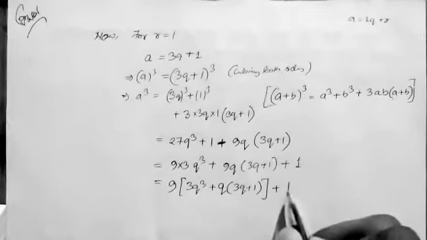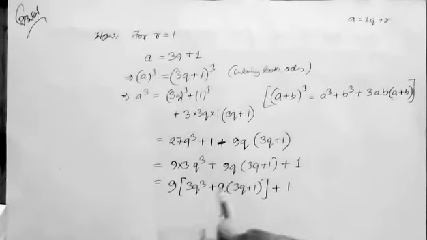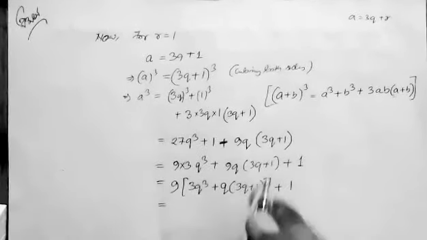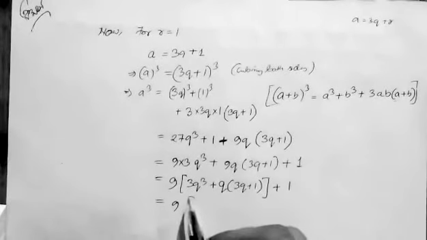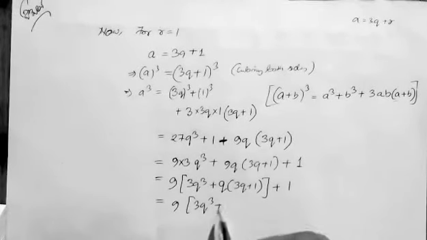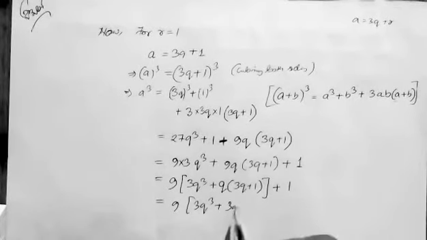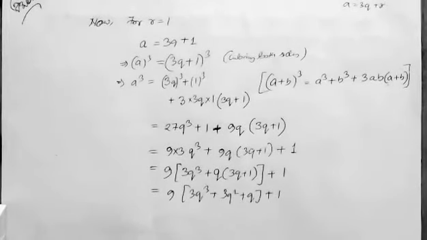So this is the term you are left with in the bracket. Simplify it more: 9 into 3q cube plus 3q square plus q, plus 1. So this is the expression.